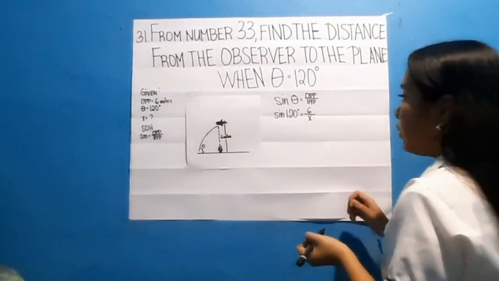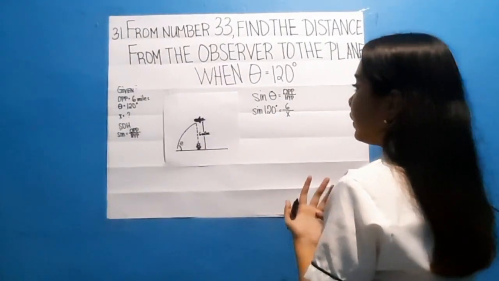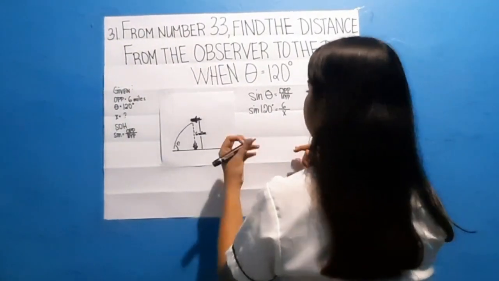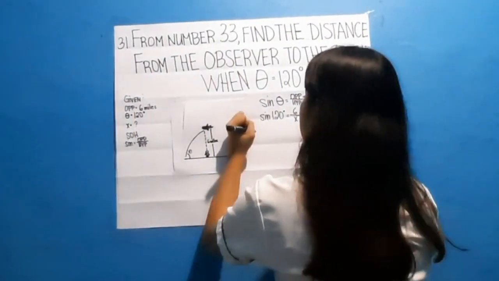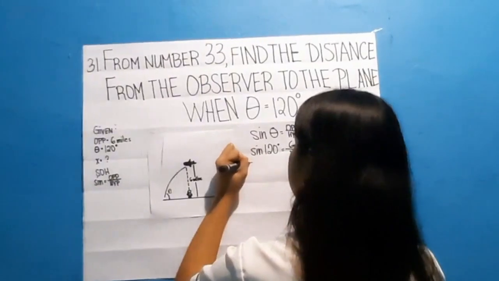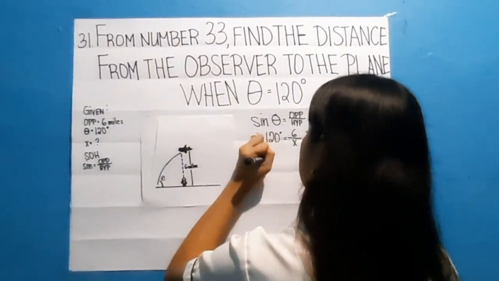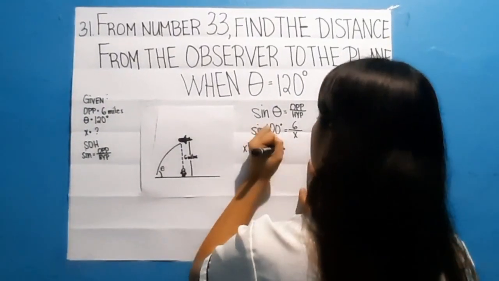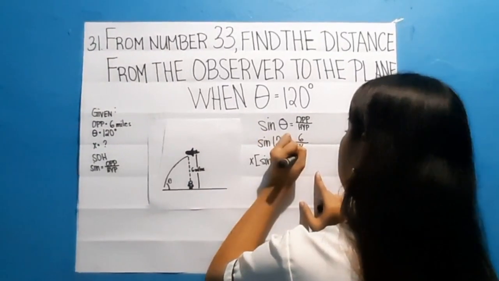So, for us to get the value of x, or the distance, we will multiply each side by x. So x sine 120 degrees equals 6 over x.